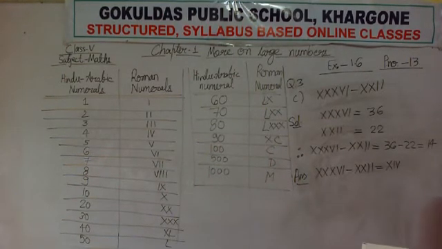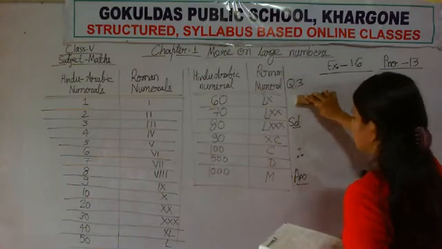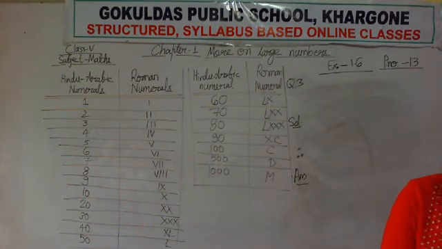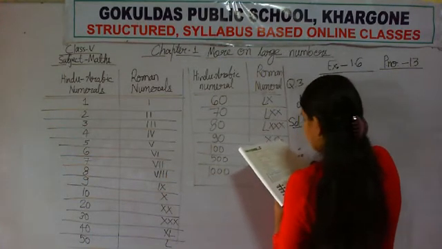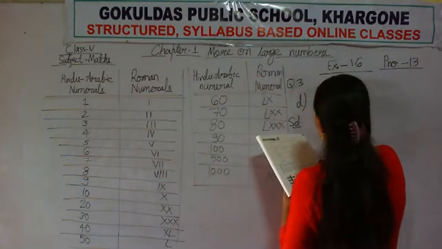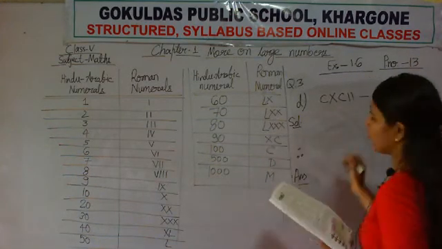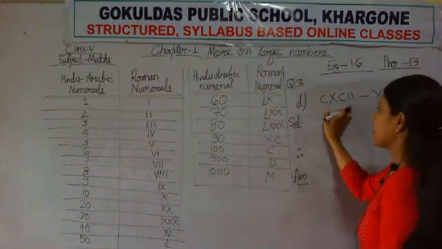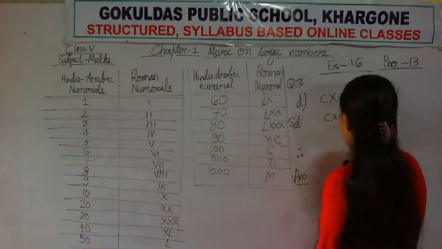Okay, let us do part D of this question. Then E and F you have to do by yourself. Part D is given CXCII minus XLV. First we will write the Hindu-Arabic number for the first number CXCII.